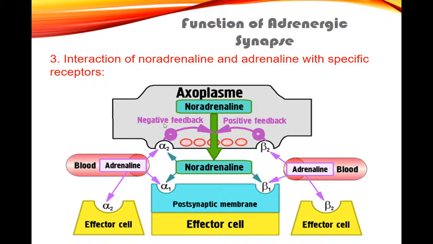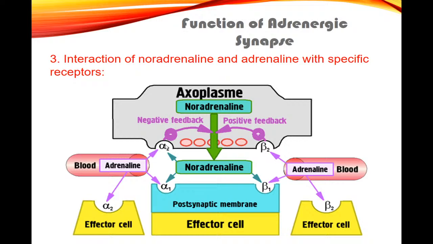So, this is the nerve ending, and noradrenaline is released and interacts with adrenoreceptors on the postsynaptic membrane. But adrenoreceptors are localized not only on the postsynaptic membrane, this is the first localization, but also we see them on the presynaptic level.